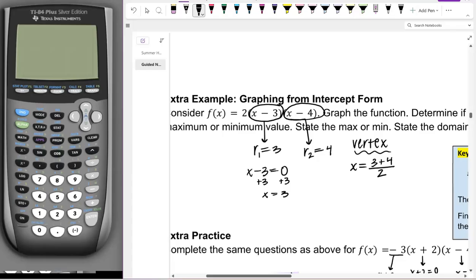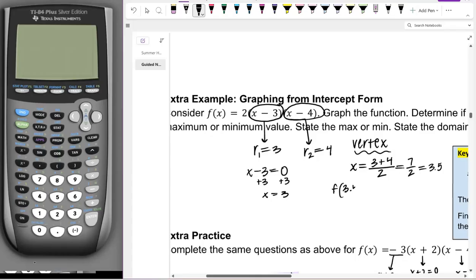In this case, there's always going to be 2 x-intercepts here. A parabola can't have more than 2 x-intercepts. It can have 0, 1, or 2. This one has 2. So when we add, we have 7 over 2, or 3.5, which is our vertex x value.